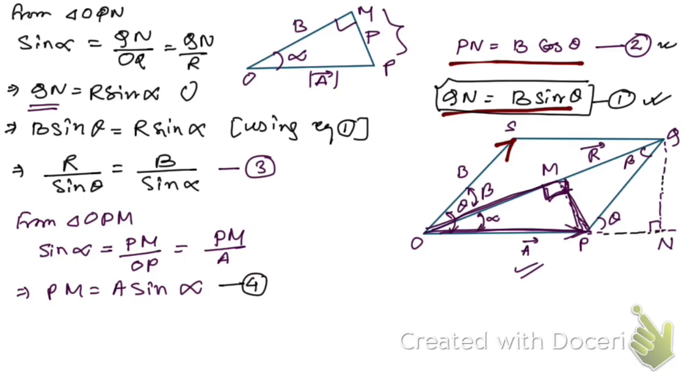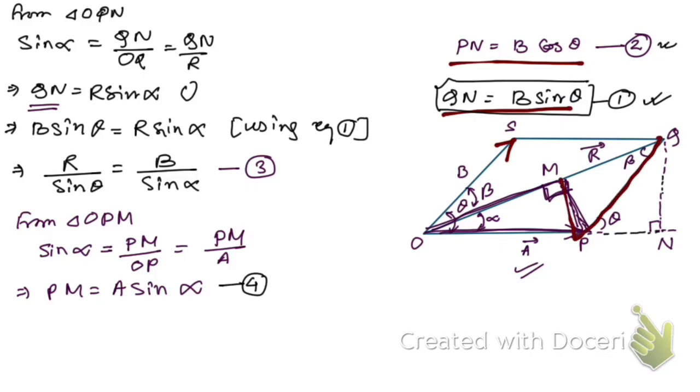Now again let me take this triangle PMQ. Here this angle is beta. Let me clean the diagram a little bit.